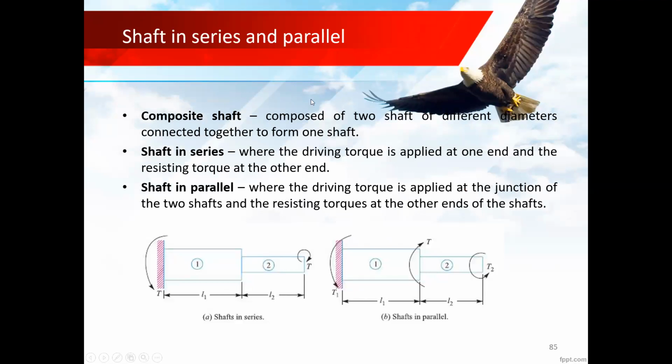Shafts in series and in parallel. A composite shaft is composed of two shafts of different diameters connected together to form one shaft.